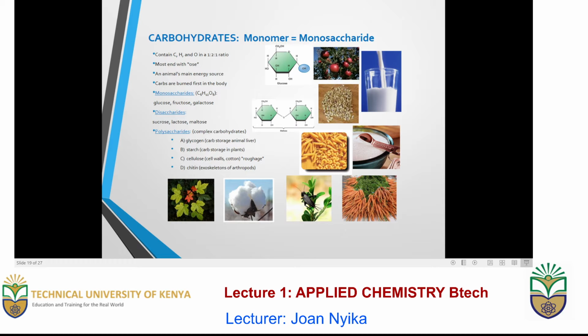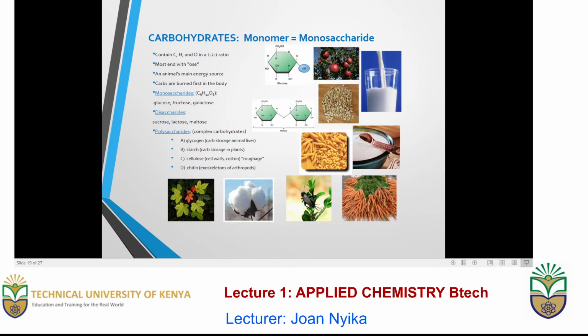Carbohydrates exist in their monomer form, what we call a monosaccharide, and examples are glucose, fructose, and galactose. You will notice that glucose, fructose, and galactose are what we referred to in our previous class as isomers.